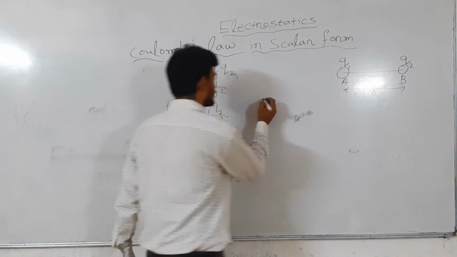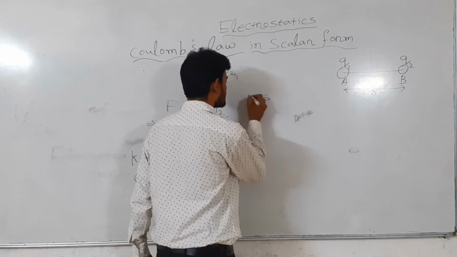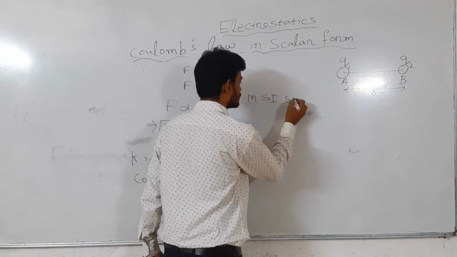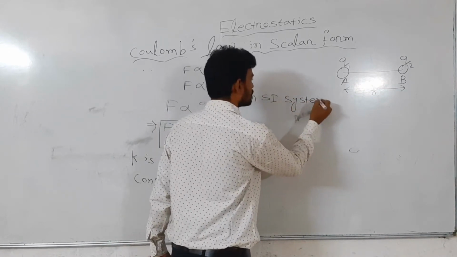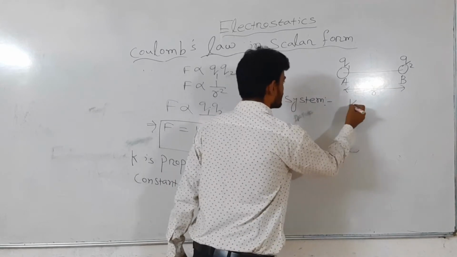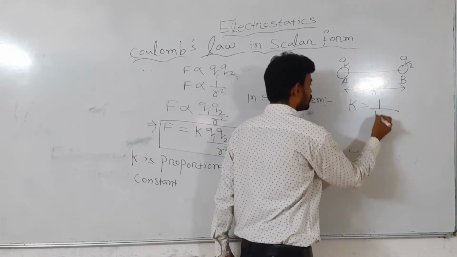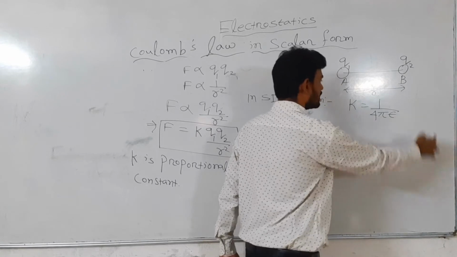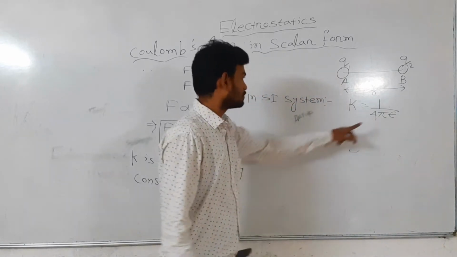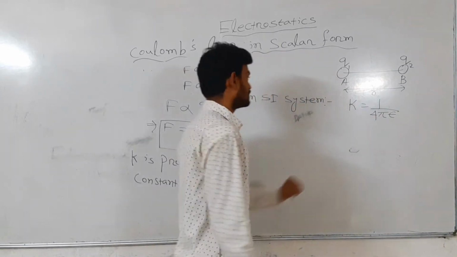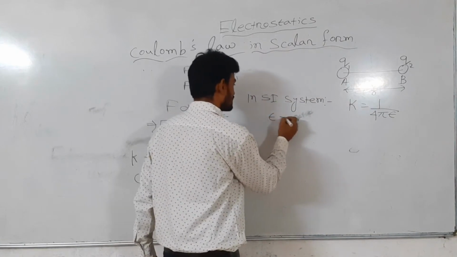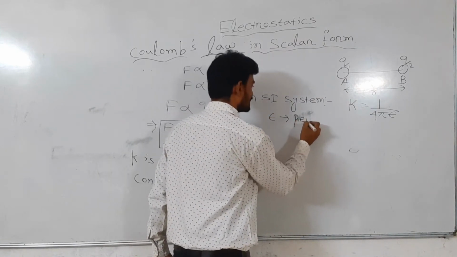So here we can write, in the SI system of units, K is equal to 1 by 4 pi epsilon. What is epsilon? Epsilon is the permittivity of the medium.